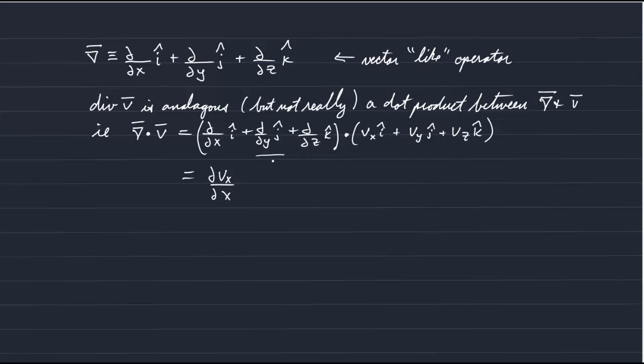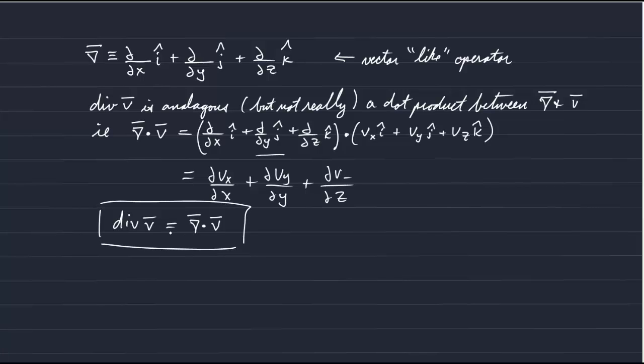Likewise, if we were to operate this part of the del operator on each of these vectors, j hat dot i hat is 0, j hat dot k hat is 0, and the only term left would be the partial of Vy with respect to y, and the same reasoning goes for this last term. So again, a relatively simple way of computing divergence of V is del dotted with V.